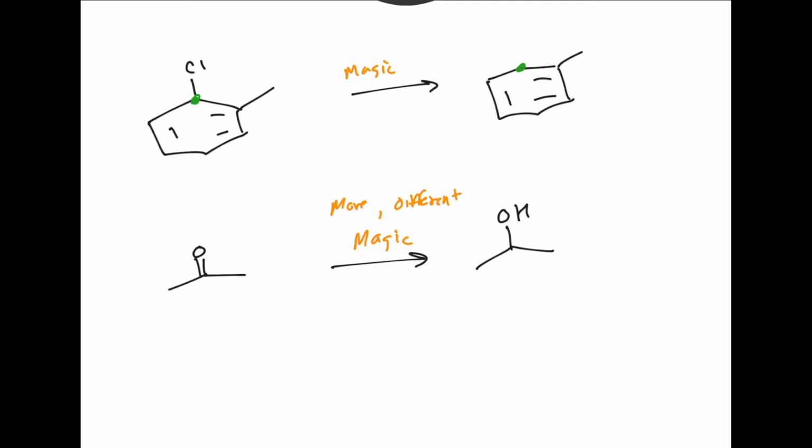Did you know how any of these reactions work? It doesn't matter how the reactions work, right? My green carbon up top, did it get oxidized or did it get reduced?